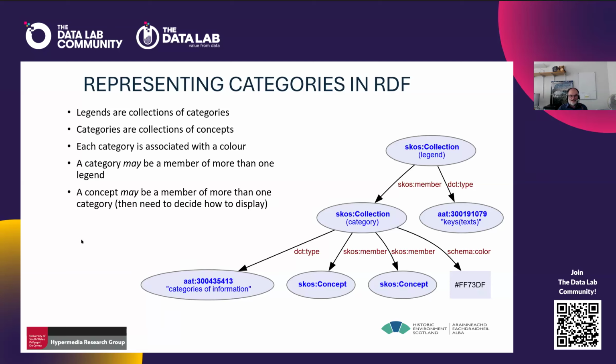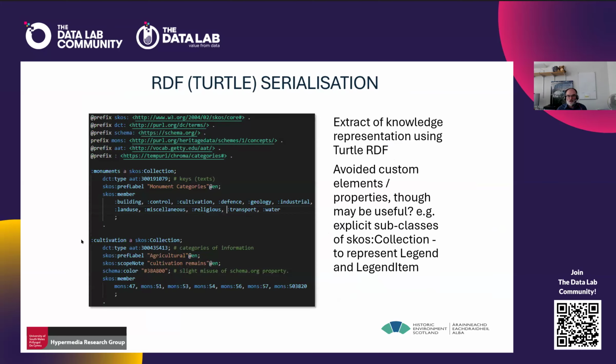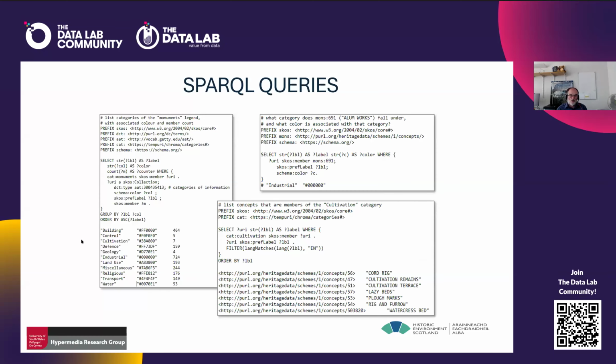I won't go into that because I don't fully understand it all, but it explains the relationships between the collection and the categories of information. When the project ends, we'll then add these values to the heritagedata pages. And there's also RDF Turtle serialization of the relationships and SPARQL queries.